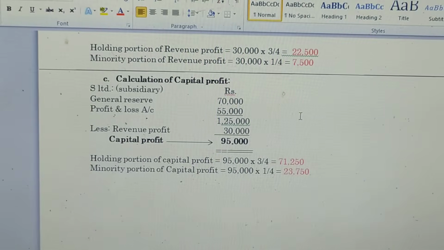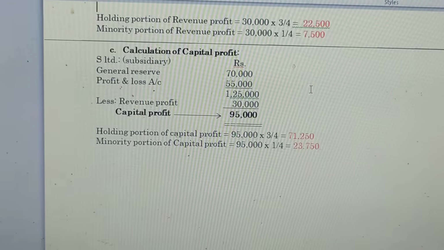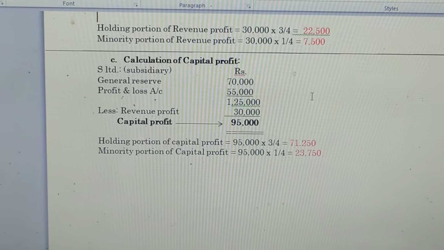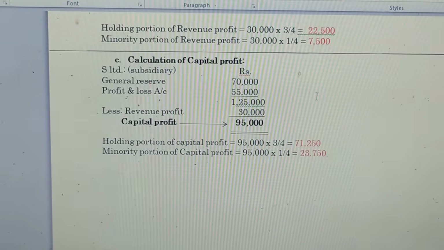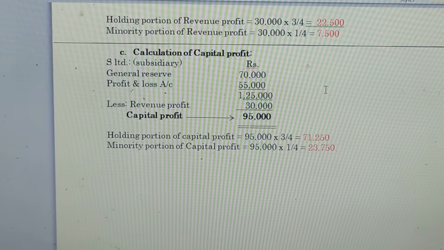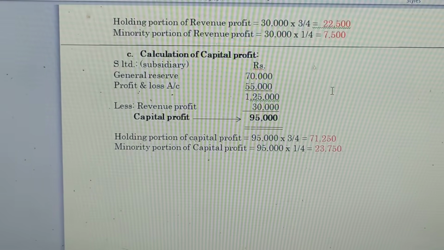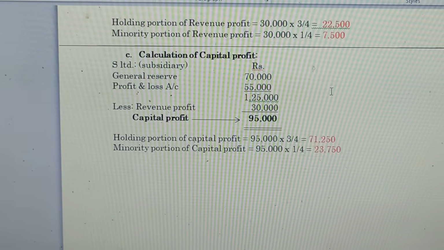Then we are going to study the capital profit. Calculation of capital profit, S Limited, subsidiary. Under S Limited, we have to mention general reserve 70,000, profit and loss account 55,000. The total is 1,25,000. Less revenue profit 30,000.